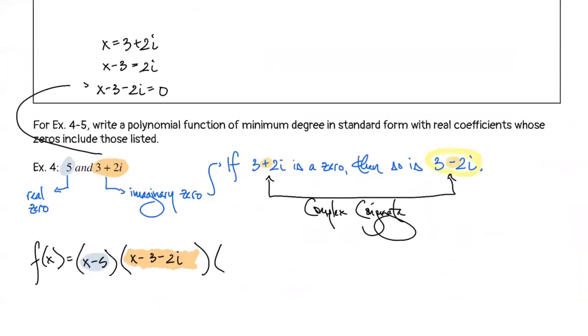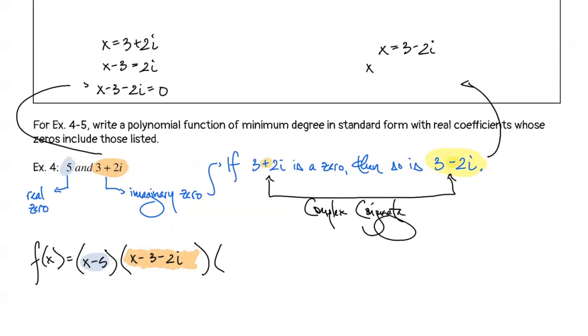So let's try with this one, 3 minus 2i. If x equals 3 minus 2i, what does it look like when we set the whole equation equal to 0? x minus 3 plus 2i.